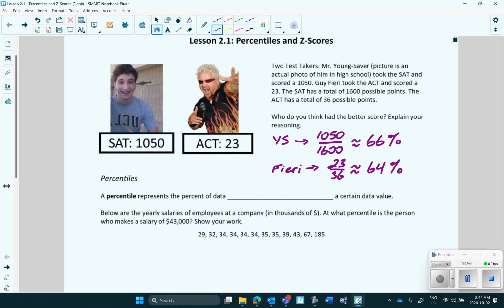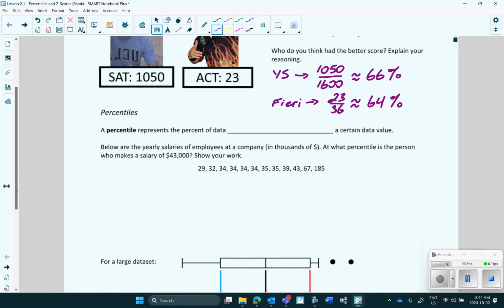A percentile represents the percent of data that is less than or equal to a certain data value. So it's kind of like saying, where do I stand in a group of data values? Where does my score stand? Or where does my value stand?